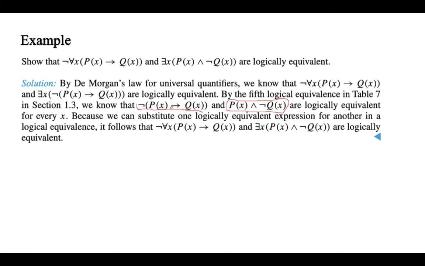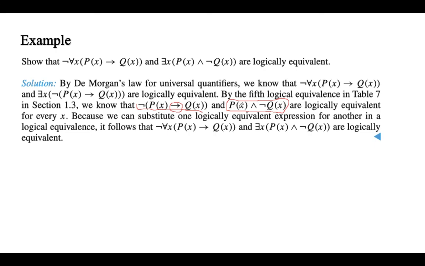All right, how? Because if you see, there is the implication operator, and this changes to the and operator. So not if p of x then q of x is equivalent to p of x and not q of x, because we have learnt previously that the negation of the if statement is like this, they are logically equivalent.